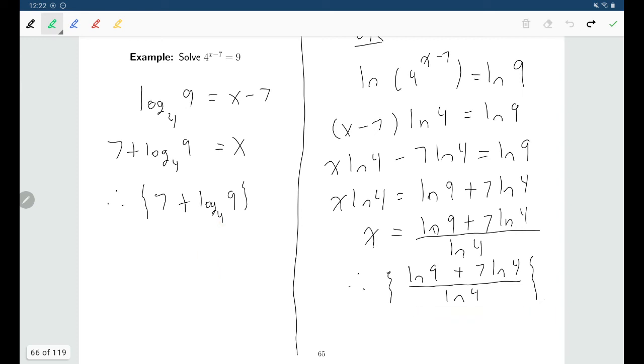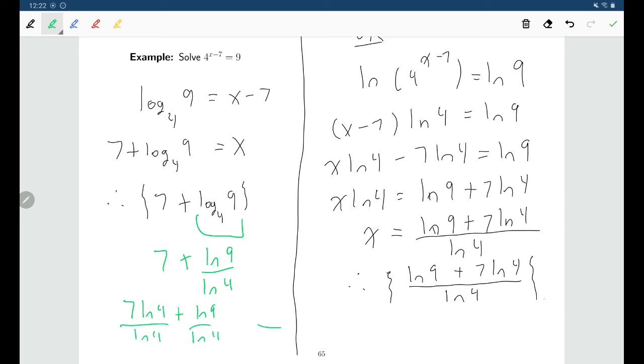And in fact, you can confirm that to yourself if you were to rewrite this as natural log of 9 over natural log of 4, then make common denominators, and then combine together, you can see how you would get to the same answer that we have over here.